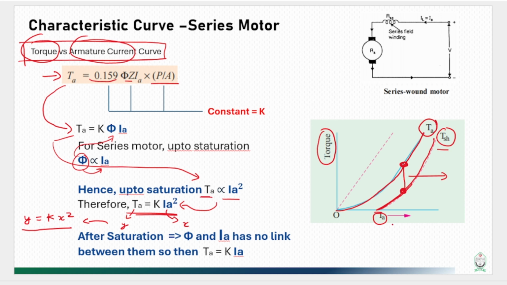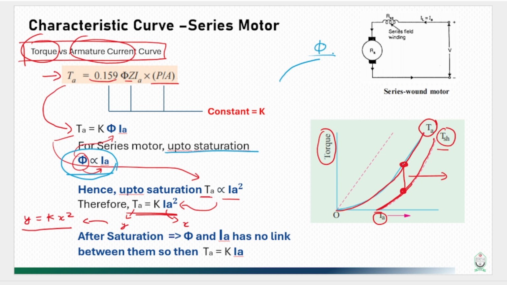Remember, there is another thing. We can see there is a straight line. What is that? We said that for the series motor up to saturation, the flux and armature current have a relationship like this. As we are all electrical engineering students, we know that if some system reaches saturation, the flux associated there becomes constant.